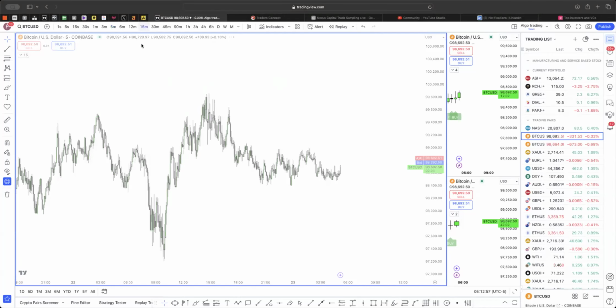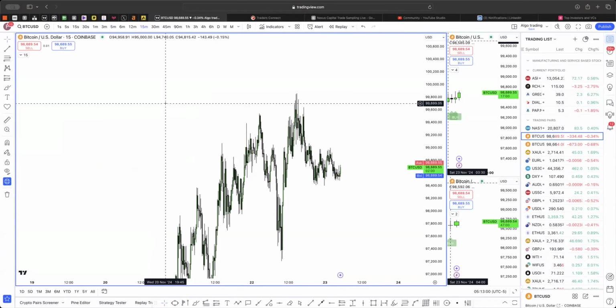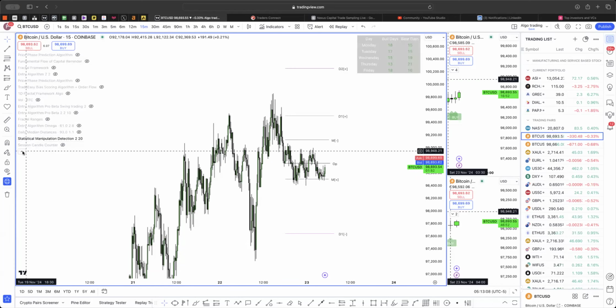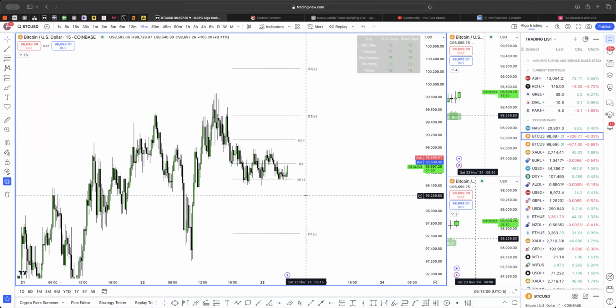So what I have done is I have added another algorithm into the TradeEasy suite of algorithms. I activated the statistical distribution and manipulation levels. Now, I understand that there is another one already like this in the market, but this is better. Why?